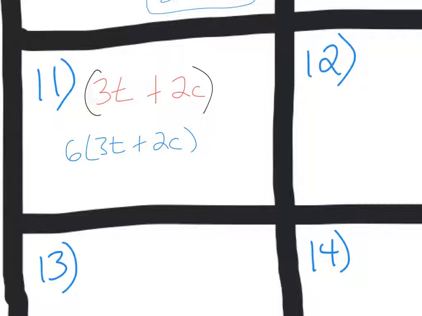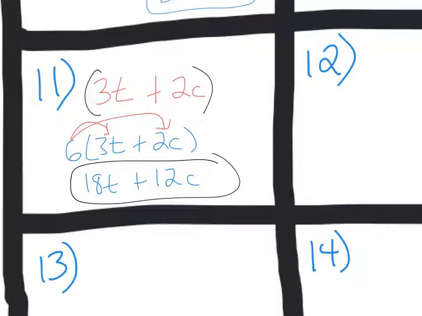Once again, use the distributive property, and that's going to get us 18T plus 12C. And there is your answer. That's very similar to the problem that we saw on the King Money Lust video from class.